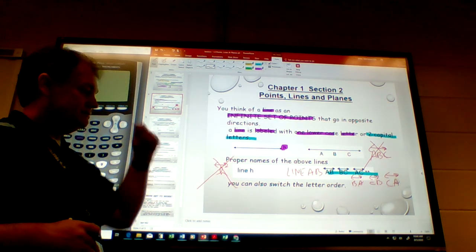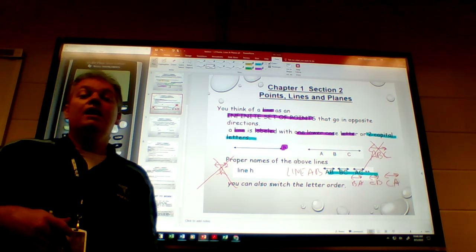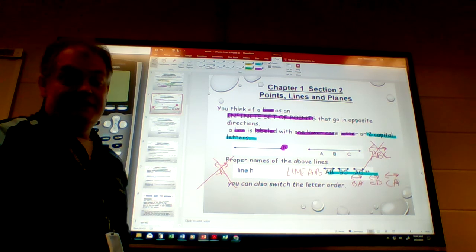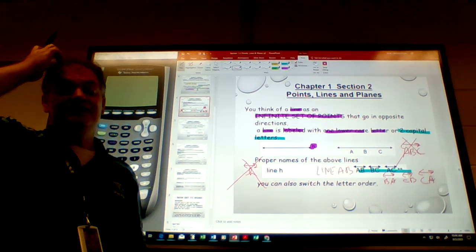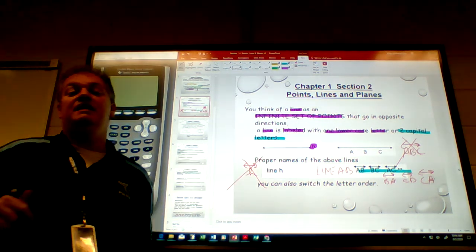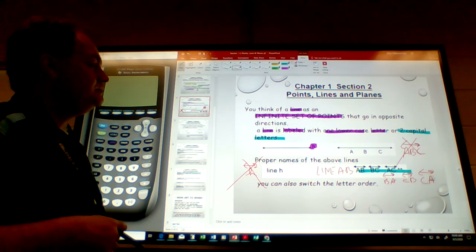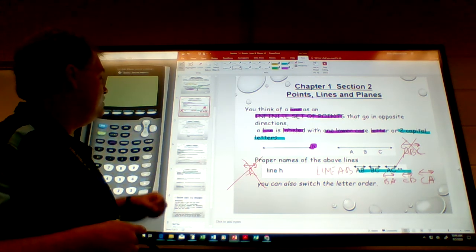So don't do it. But that's how you name a line. Remember, a line has infinite points on it and it extends in opposite directions. But this is how you name a line. You can repeat and play this back over and over again, however you want to do it.